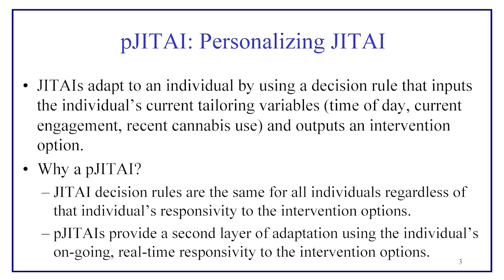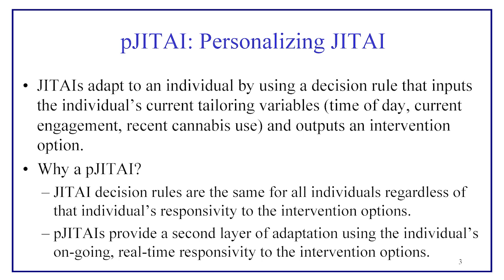So if Danny and I are in the intervention and we both have the same time of day, our level of engagement is the same, and our recent cannabis use is the same, then we're going to get the exact same type of message. So the decision rule would be the same for Danny and me. If I'm less responsive to this decision rule and Danny's more responsive, it doesn't matter, we still get the exact same thing.